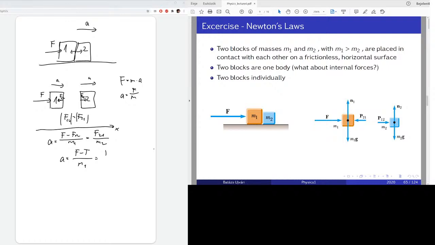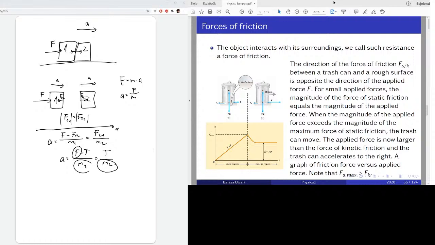So if we know the masses and the external force, we can calculate the T. We will solve that also in the seminars. So dividing the force into components and also playing with these force and anti-forces, with that you can solve some examples.